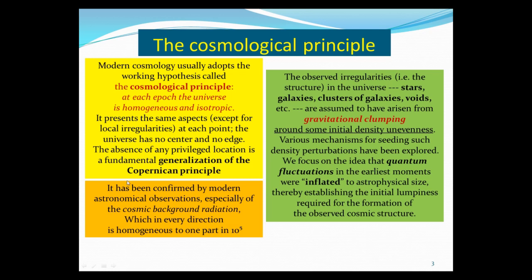So the question is what mechanism can generate this density perturbation to begin with, and we will talk about the quantum fluctuations in the earliest moment of the universe, when those quantum fluctuations are inflated to astronomical sizes, thereby establishing the initial lumpiness required for the formation of observed cosmic structure.